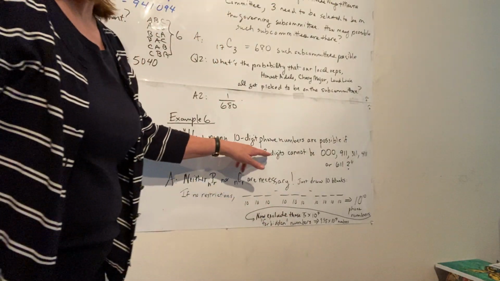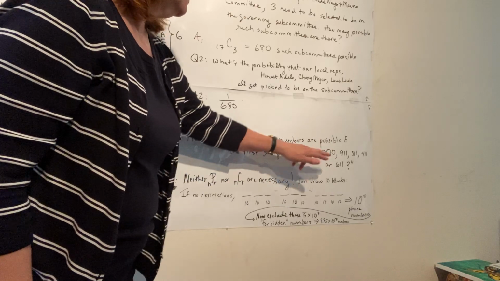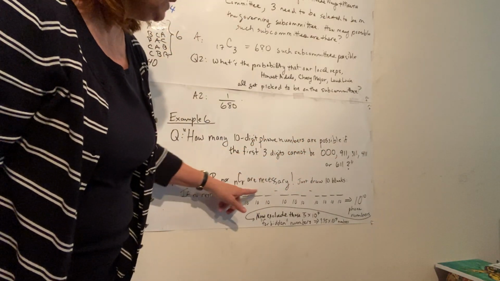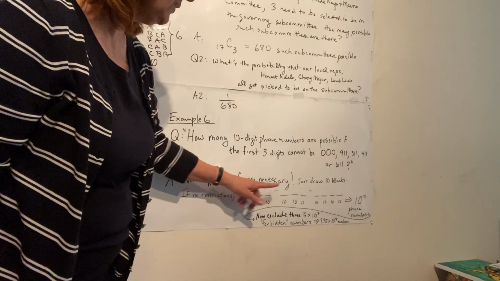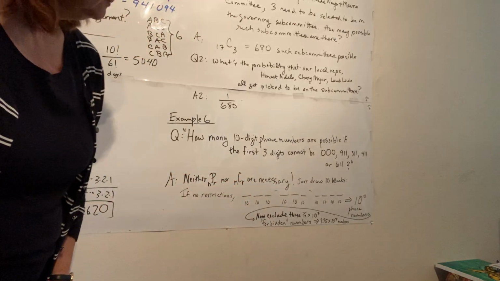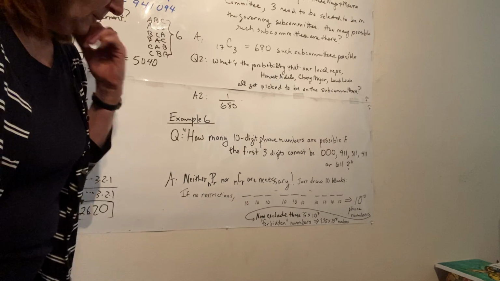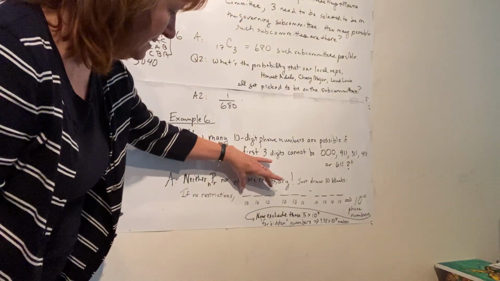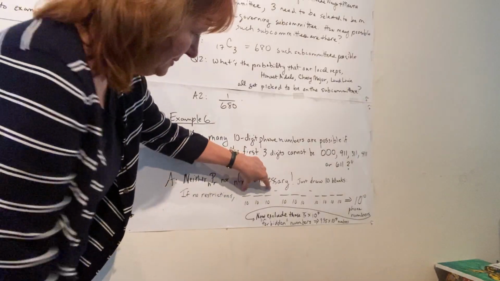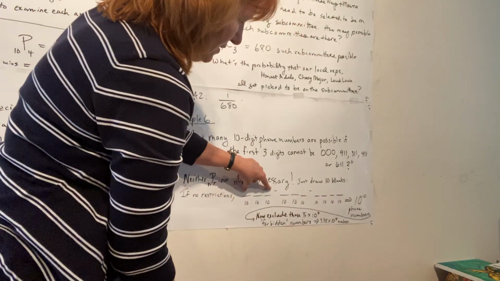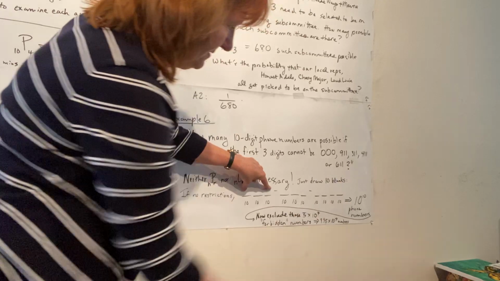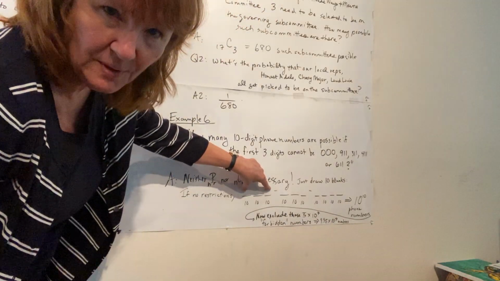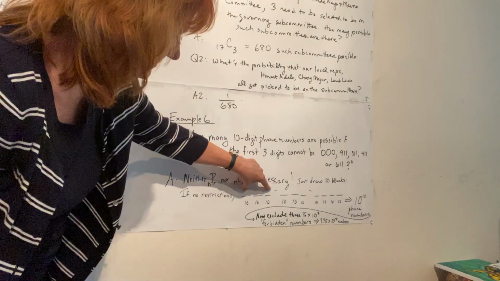Well, now they're telling us that we have to throw out the ones that would have the first 3 digits look like 000, 911, 311, 411, or 611. Well, each of those, for example, if you had 611 here, how many different numbers could start with 611 and have 10 to the 7 choices after that?